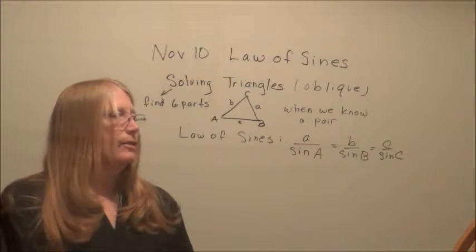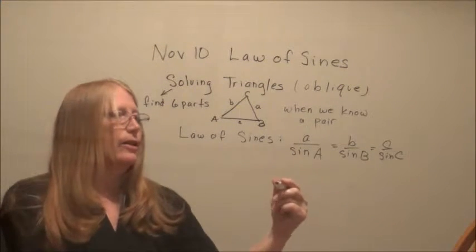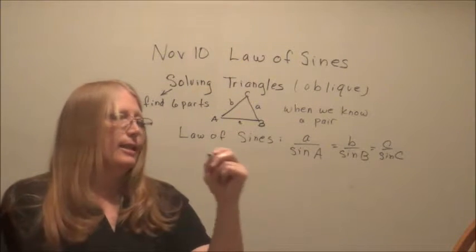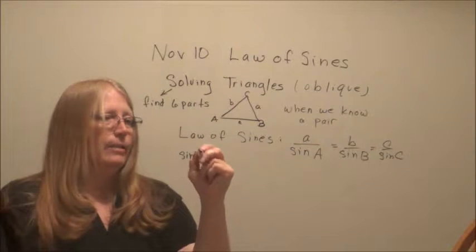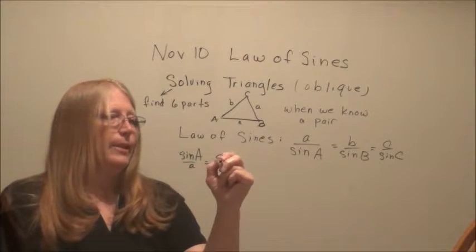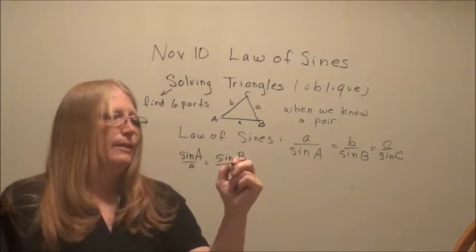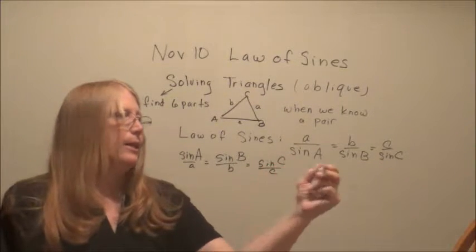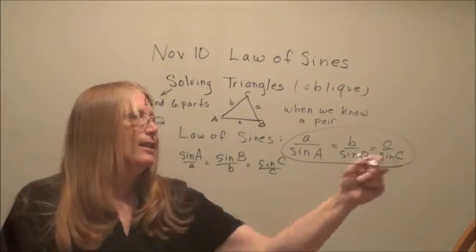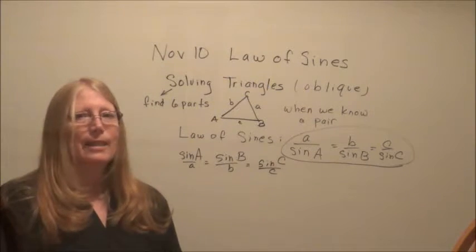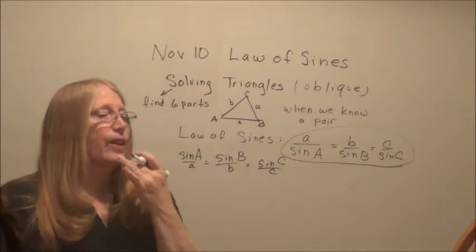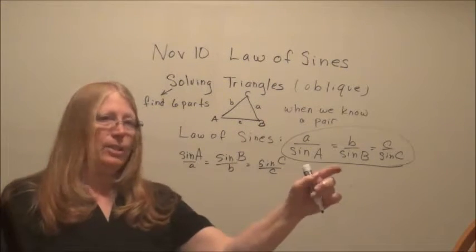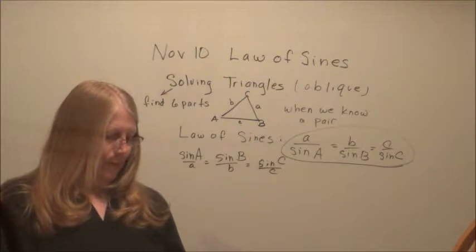The reciprocal of that is also the law of sines. We could flip that and say sine A over little a equals sine B over little b equals sine C over little c. I prefer this one, but if you prefer the other, it's up to you. I usually teach it with this one, but either one will work.